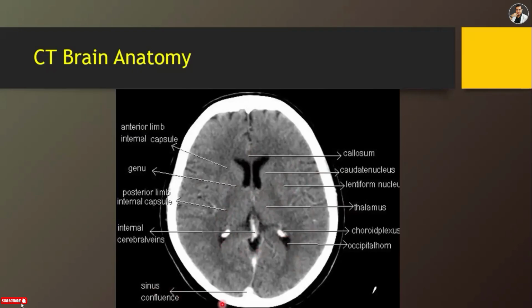Here we have sinus confluence. The sinus confluence joins the transverse sinus. These sinuses are combined here.